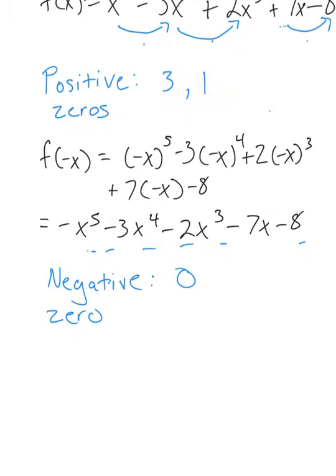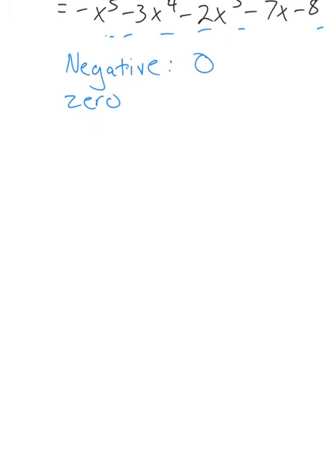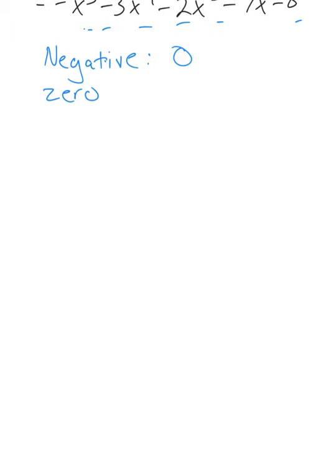Okay, so let's try one more example using Descartes. Say f of x equals 2x to the sixth minus 5x to the fifth minus 3x to the fourth plus 2x to the third plus 1.